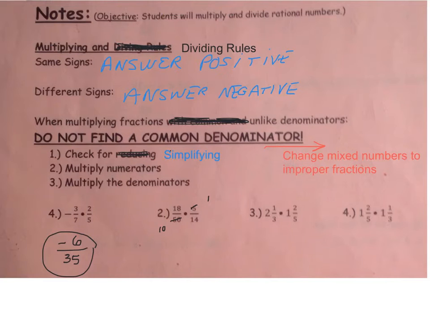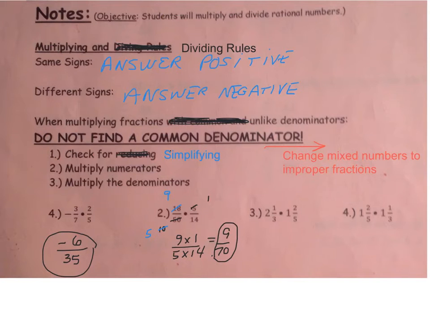We can factor out a 2. I have several ways I could do that. I think I'm just going to go with the 18 and the 10, and I'm going to factor out a common factor of 2. So I'm left with 9 times 1 on the top and 5 times 14 on the bottom, which is 9/70ths.